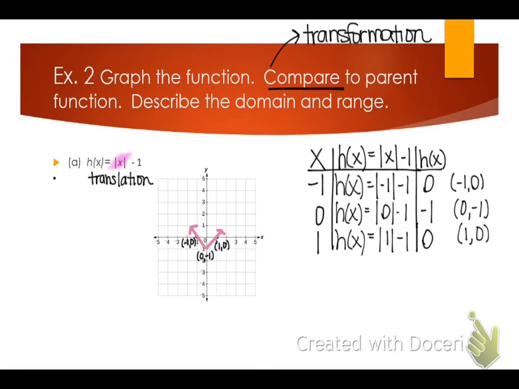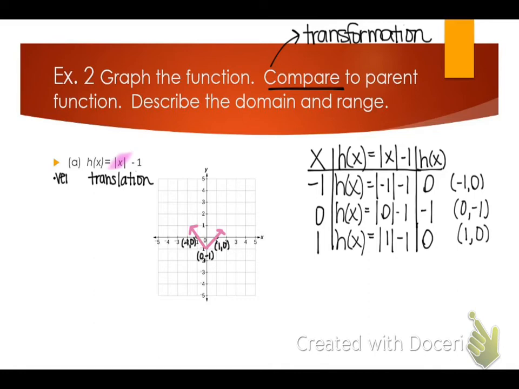Let me ask again. Are they subtracting 1 from the entire function or just the x? The entire function. They are not in the bars with the x. They're outside the bars.